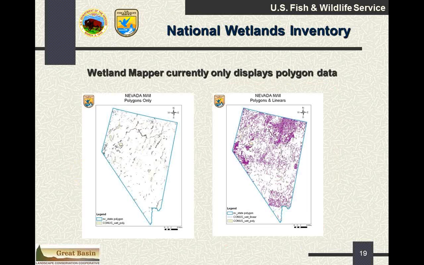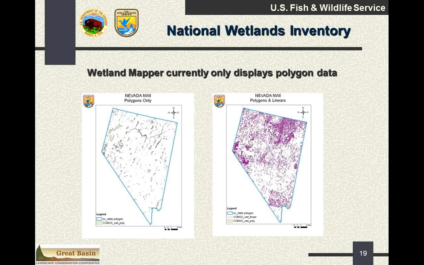So here's a map I'm just showing of what the polygons and the linear wetland layer of the NWI data looks like as it exists today. On the left, you see polygons only, and I wanted to point this out because currently our wetland mapper only displays the polygon data. So that's what you would find on the wetland mapper.